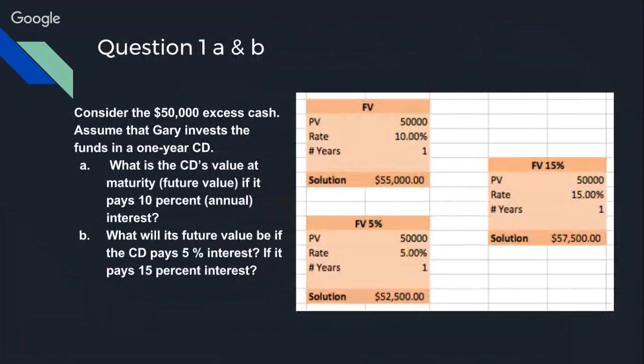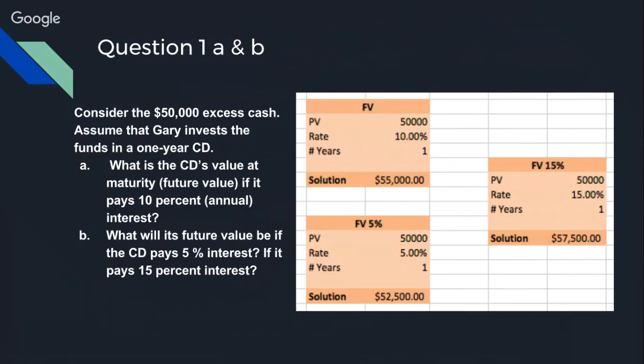So questions 1A and B are: consider the $50,000 excess cash. Assume that Gary invests the funds in a 1-year CD. A, what is the CD's value at maturity if it pays 10% interest? And B, what will its future value be if the CD pays 5% interest, or what if it pays 15% interest?